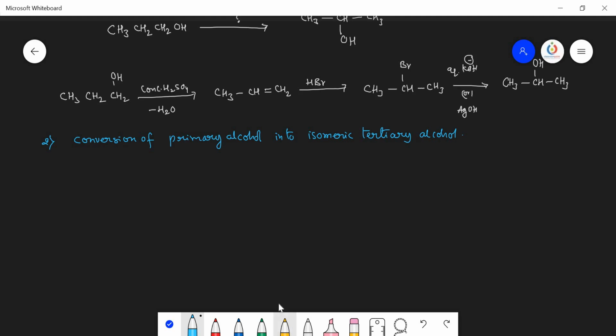Okay, let's take an example for this. Example is isobutyl alcohol. So isobutyl alcohol is to be converted into the tertiary butyl alcohol.